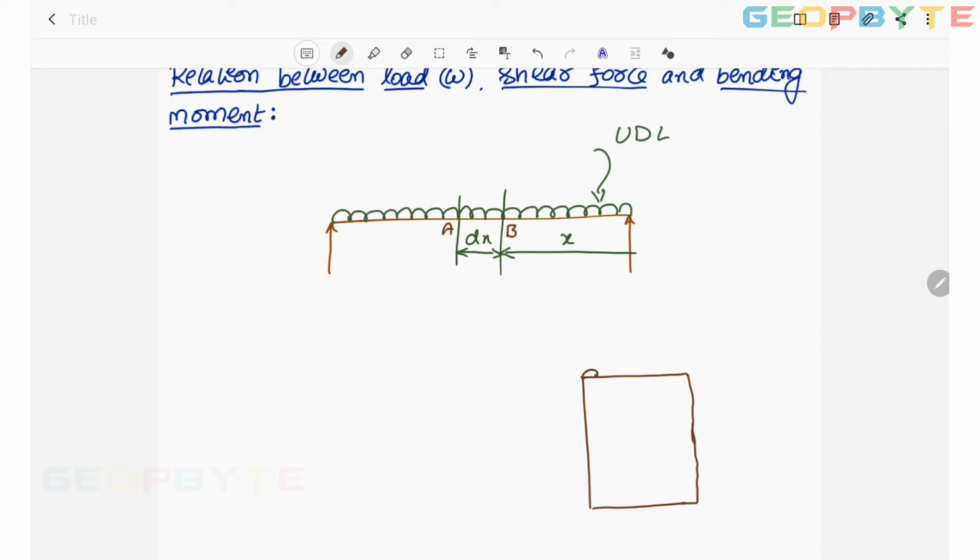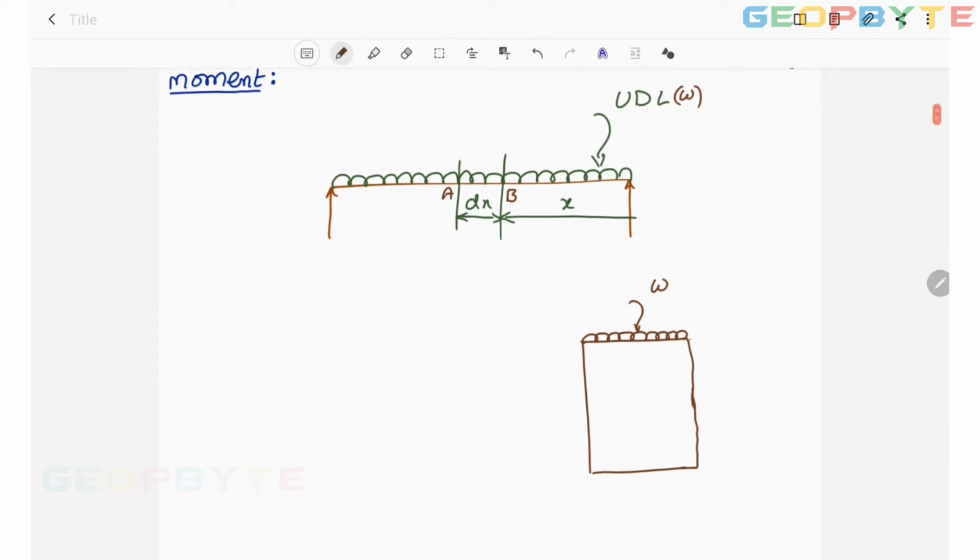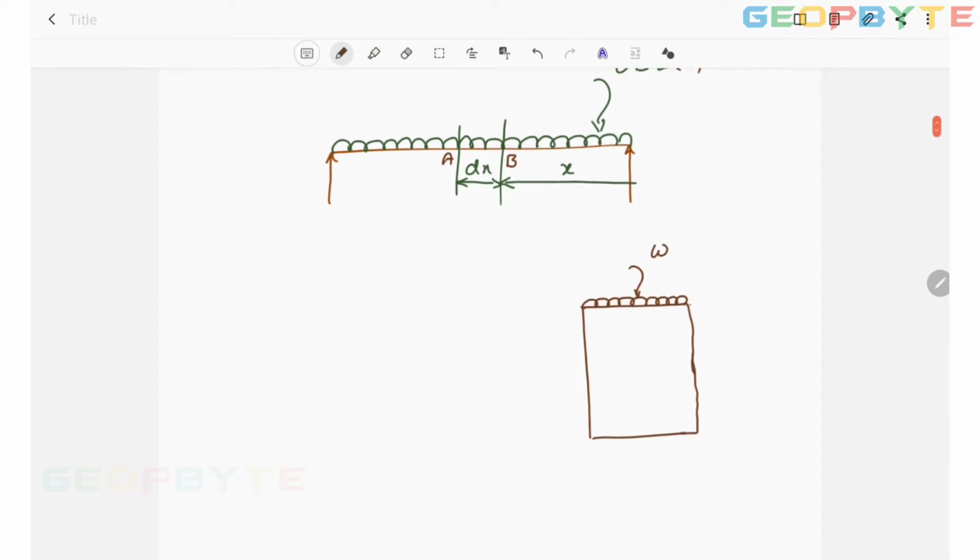The UDL is acting like this with a magnitude, let it be W. That UDL is W. The length of the beam that we considered is dx.